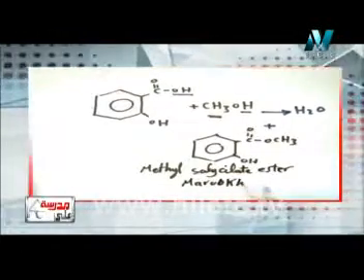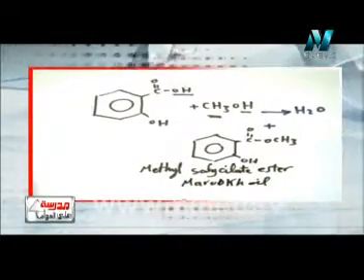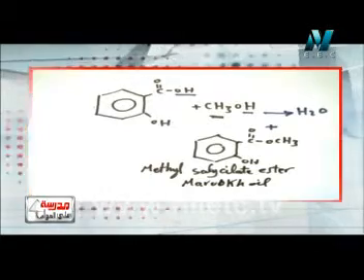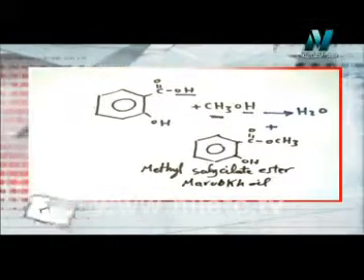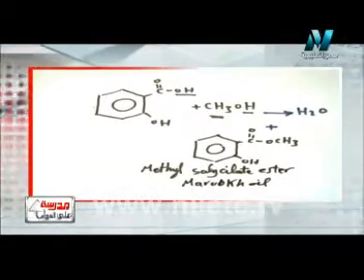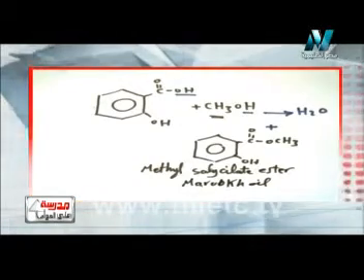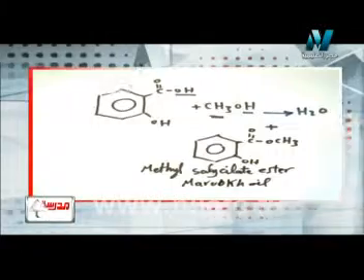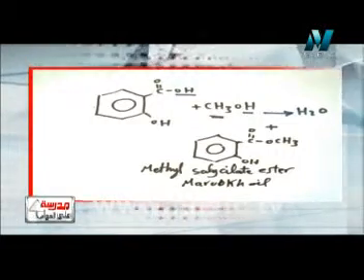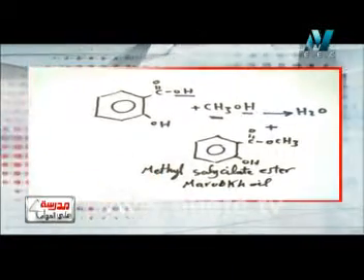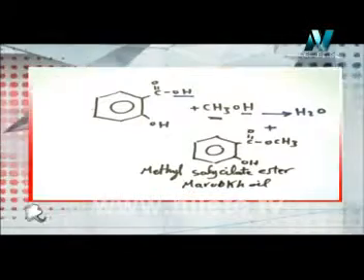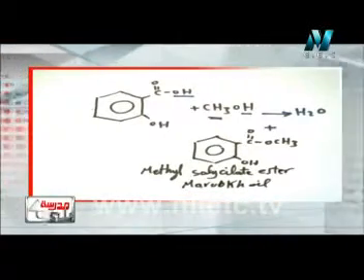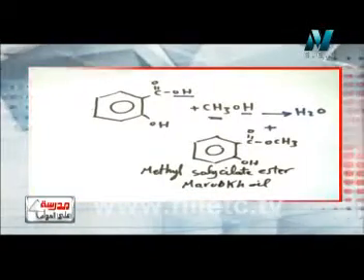Methyl salicylate ester, or marooch oil, is used in treatment of pains that come from rheumatism, or we can call it the oil of green winter. It comes from the reaction between salicylic acid and methyl alcohol, which is an ester formation.